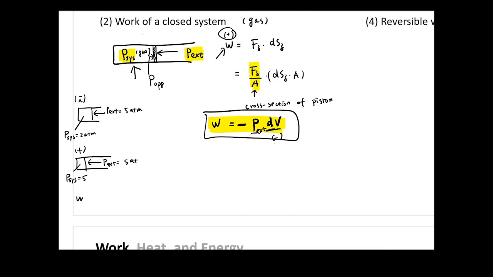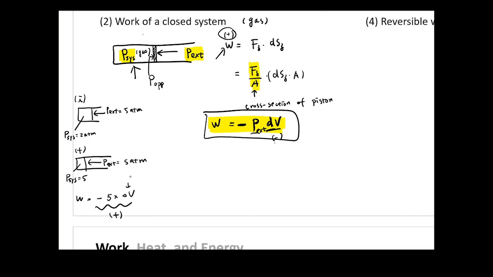So the work under these conditions is going to equal negative 5 times delta V. And in this case, we know the final volume is smaller than your initial volume, right? So delta V is negative in this case. So this overall term is going to become positive.